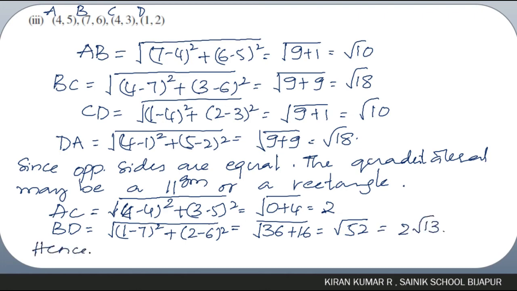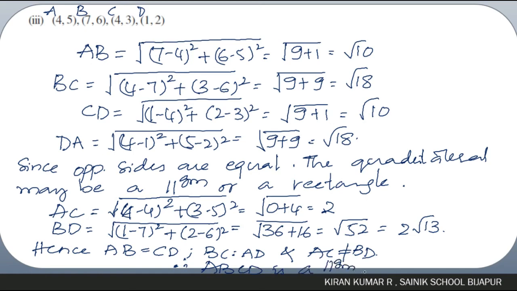Hence, we have the result AB equal to CD, BC equal to AD, and the diagonals are not equal. Therefore, ABCD is a parallelogram. It can't be a rectangle.